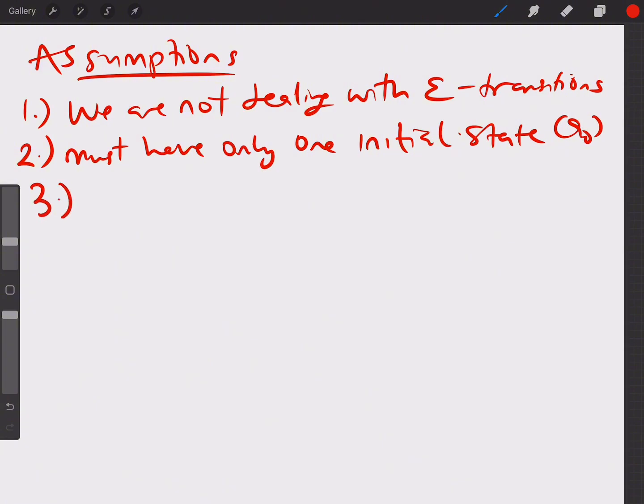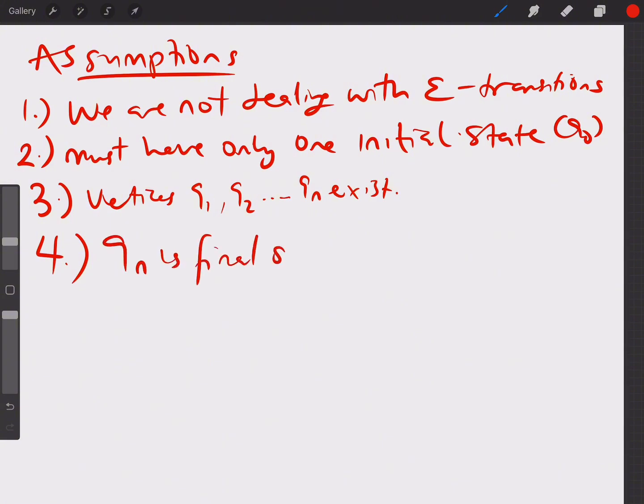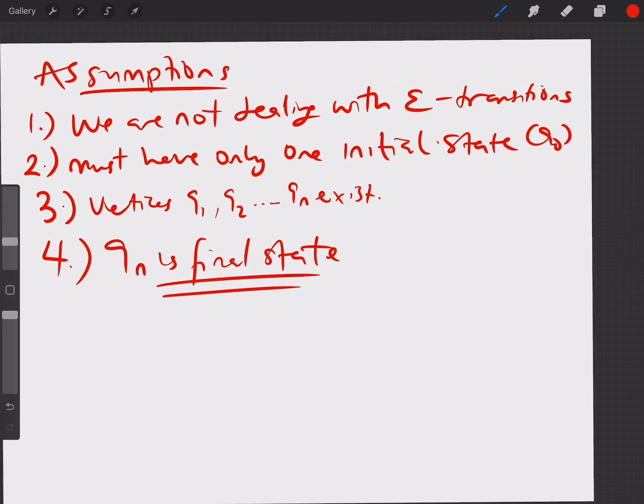Number three, the vertices Q1, Q2, all the way to Qn exist. Number four, we have a final state. Let's say Qn is the final state. So we don't do infinite stuff here. We need to have a final state.